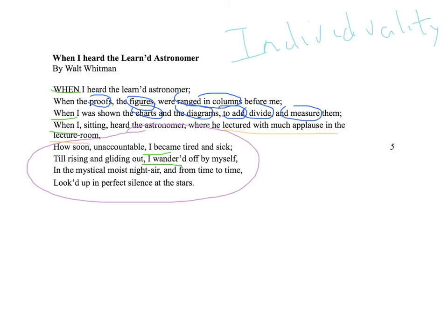While everybody else applauded the lecture, he walked out and wanted to, again, appreciate nature in his own way. And an appreciation for nature is another important theme in this poem and for several of Whitman's other poems. So look for Whitman's commentary on individuality and nature as we continue to study his collection.